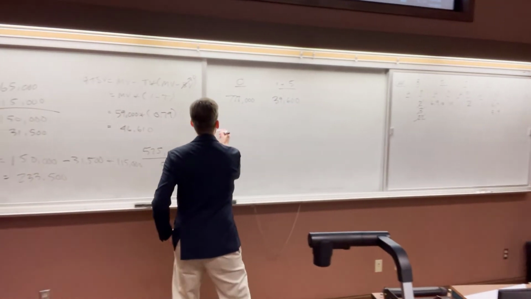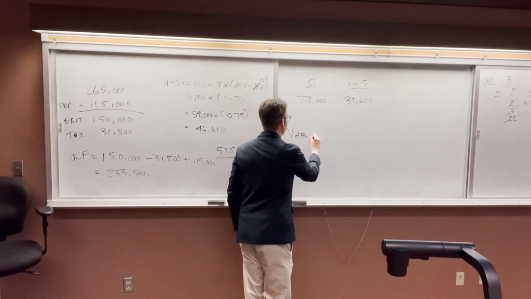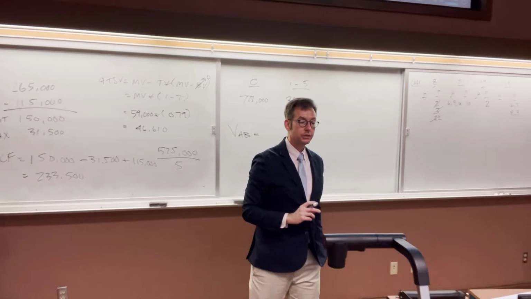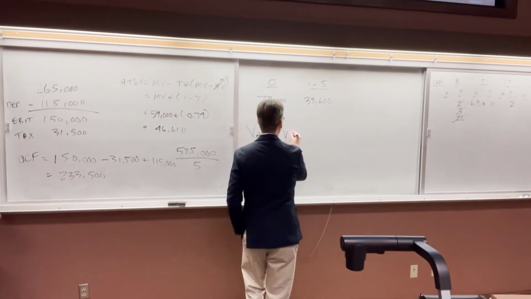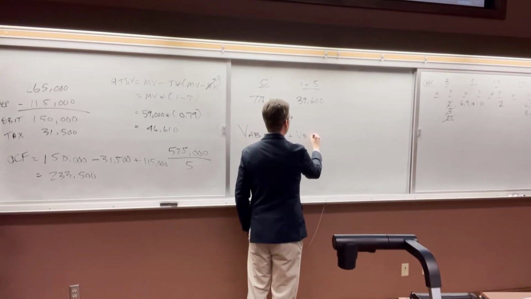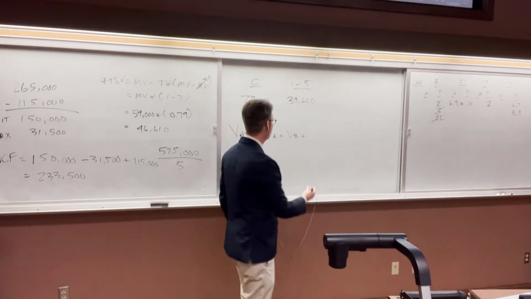Okay, we know that the value of the merged firm is equal to the value of the acquiring firm, plus the value of the target, plus what? The incremental value.